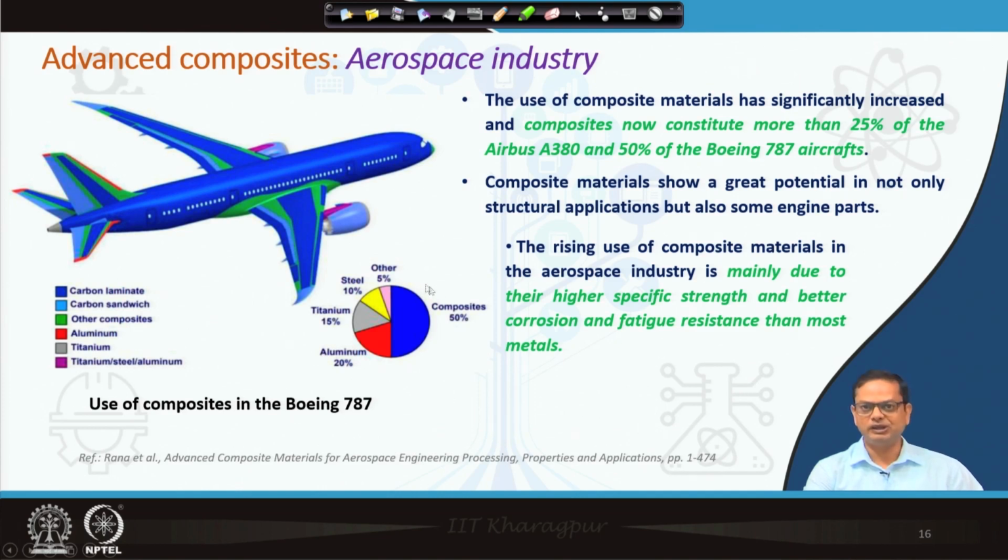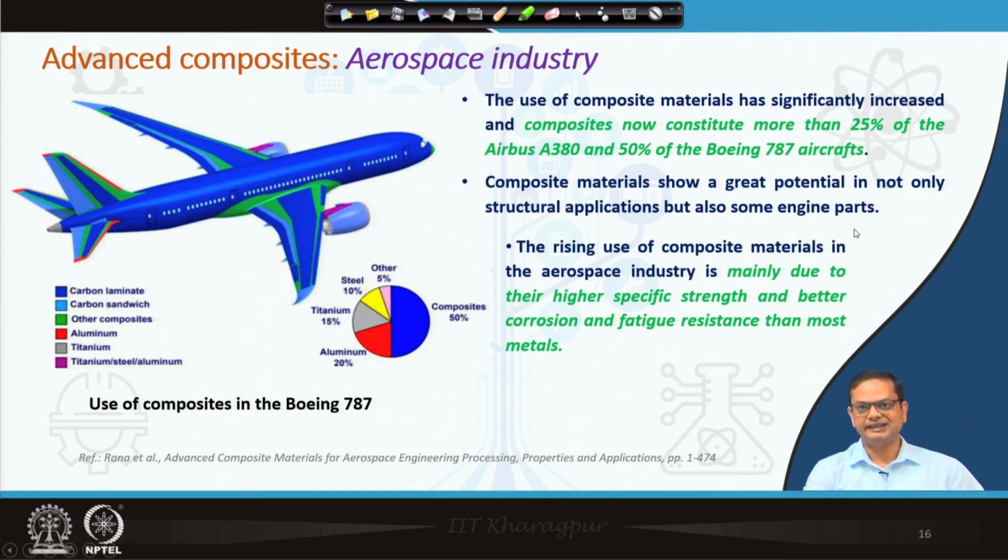If you look at this pie chart, you can see only 20% is aluminum, titanium is 15%, some amount of steel, and only 5% of other material, but ultimately 50% of the fuselage body of the aircraft is made of this kind of composite material, carbon fiber reinforced composite material.